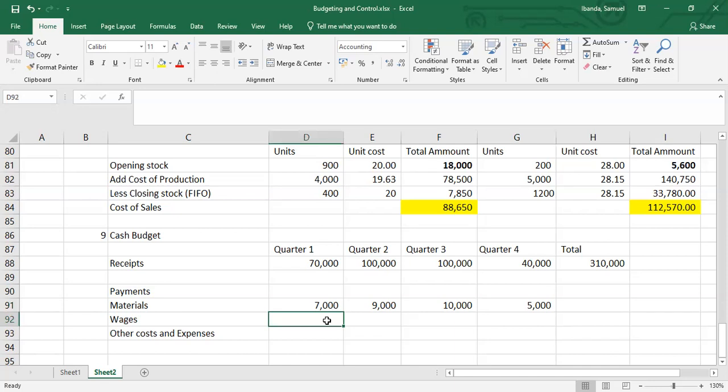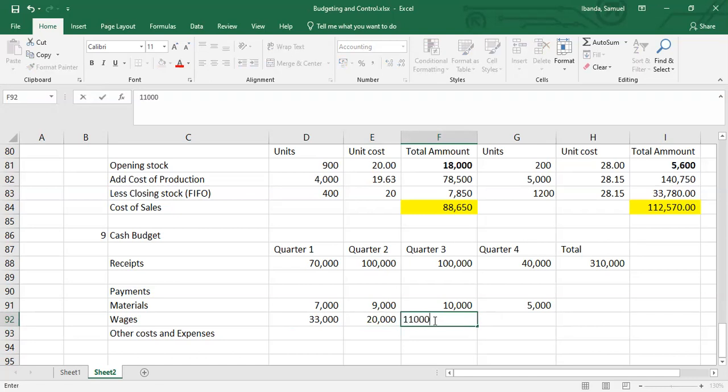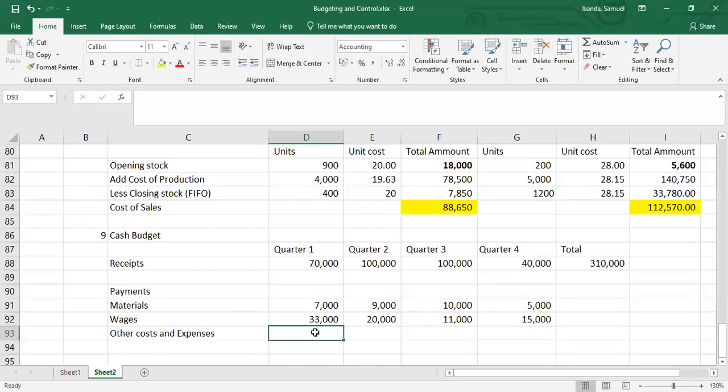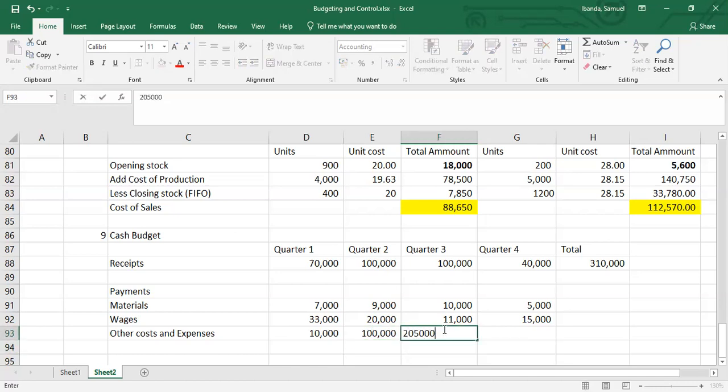And then for wages, Q1 is 33,000, this is 20,000, this is 11,000, and Q4 here is 15,000. And then this is 10,000, this is 100,000, this is 205,000.